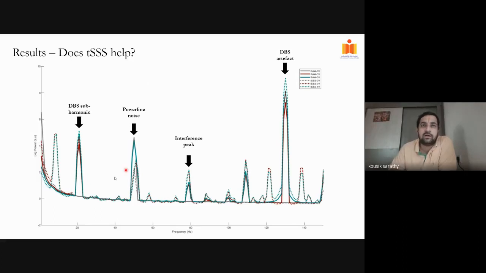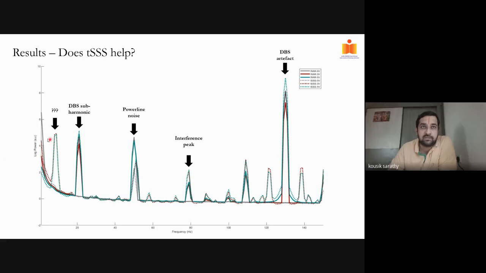And then we also had a subharmonic. You can see that with 0 volts, there is no peak here, but with 3 volts and 5 volts, you can see a peak here, which means it's some kind of a subharmonic of the DBS artifact.